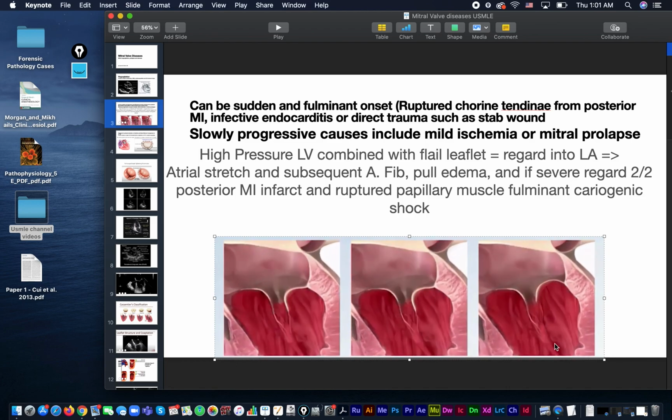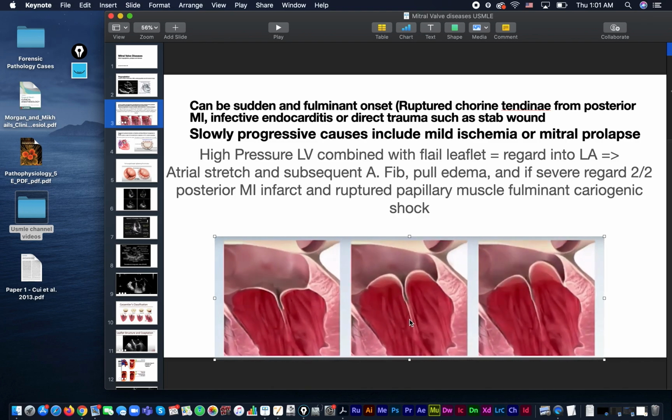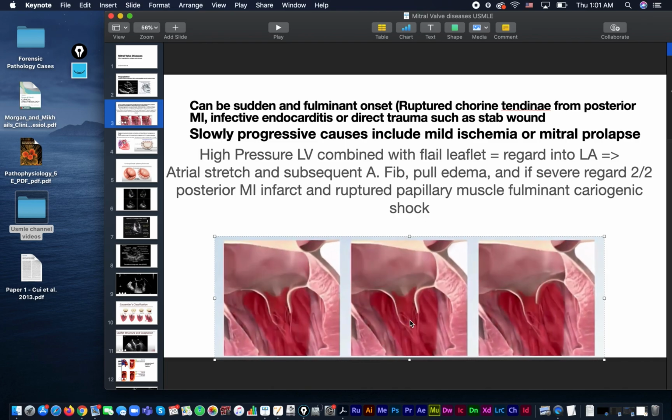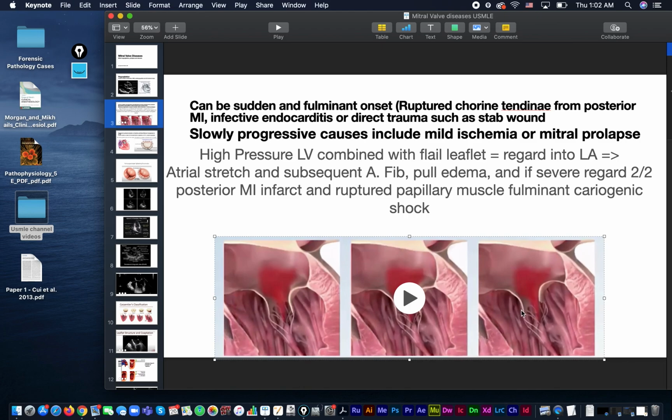It's not any type in particular, but you can see basically the left atrium is predisposed to enlargement and AFib formation, and some major structures to consider would be the chordae tendineae and the papillary muscle, because these two anatomical structures are in most instances what cause a leaflet to fail and produce mitral regurg.